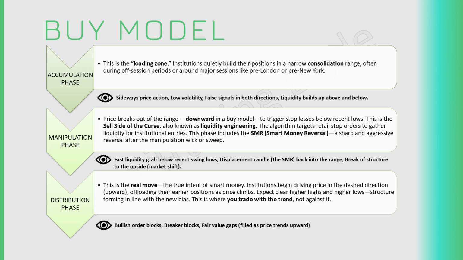So all the fair value gaps, breaker blocks, or PD arrays majorly created on the sell side of the curve will be used to deliver the price upward. They will now support price. They will be used to push price to the upside. And this phase is usually much faster than the manipulation phase.